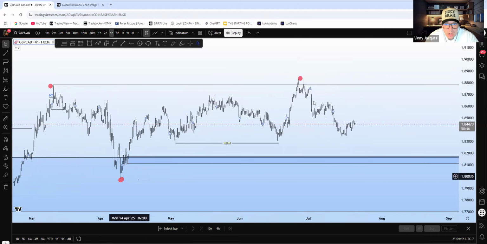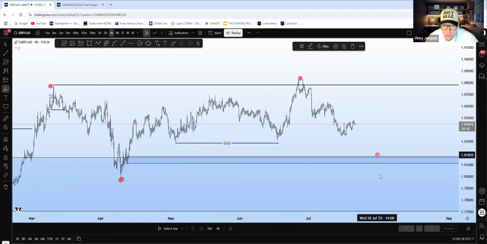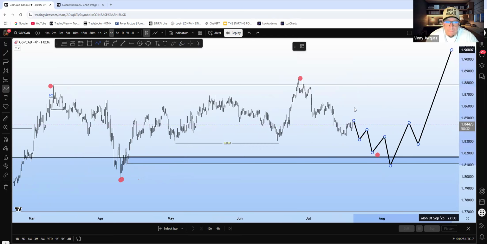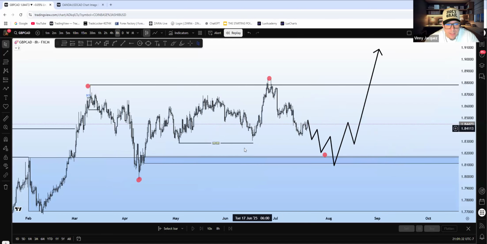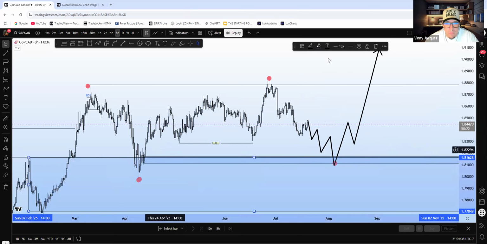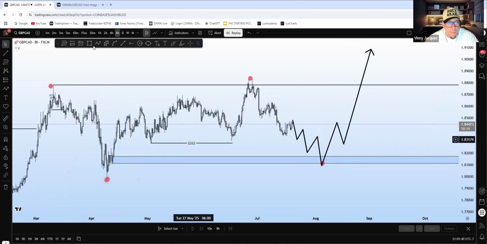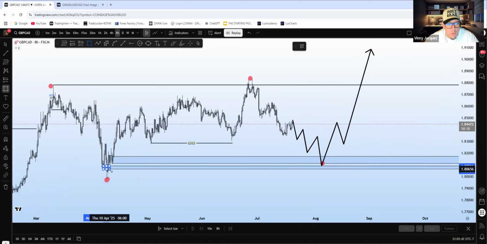Higher high, higher low, higher high, possible higher low to continue the bullishness. Give me a 2 if this makes sense, guys. And we have it inverted right here as well.